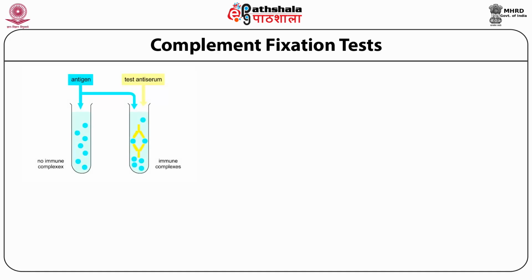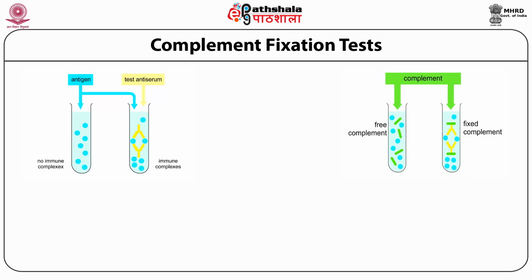In the first step, a test antiserum is titrated in doubling dilutions and a fixed amount of antigen is added to each well or tube. If antibody is present in the test serum, immune complexes will form. In the second step, complement is then added to the mixture. If complexes are present, they will fix complement and consume it.